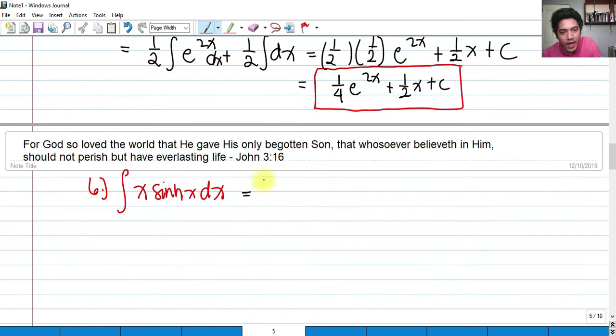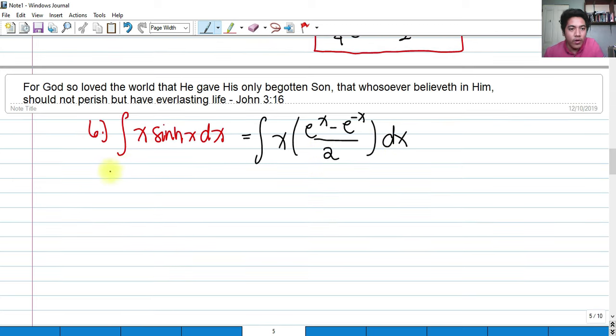So, if we substitute that, we have the integral of x multiplied by e raised to x minus e raised to negative x over 2 and dx. If I'm going to distribute the x in our function here, we have x e raised to x minus x e raised to negative x over 2 dx.